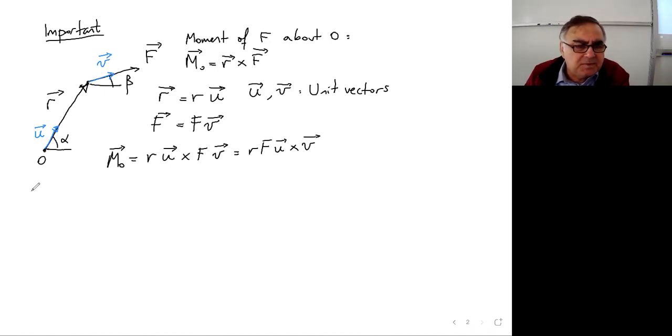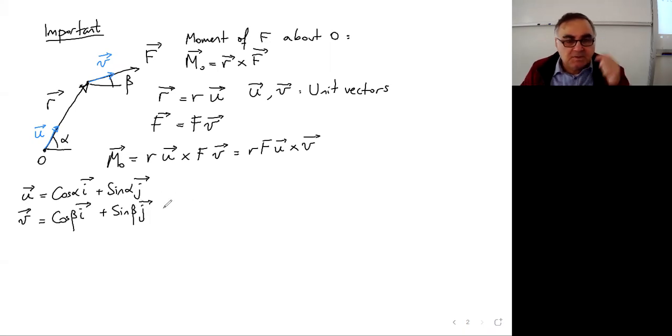If they are unit vectors, U has to be like cosine alpha i plus sine alpha j, right? And V has to be cosine beta i plus sine beta j, as you can guess. These are the projections of unit vectors along x and y axis.